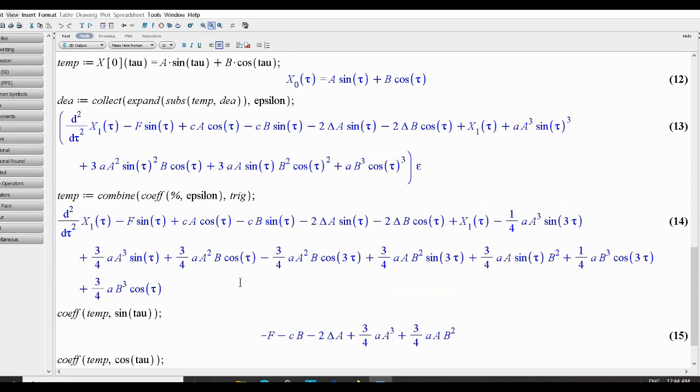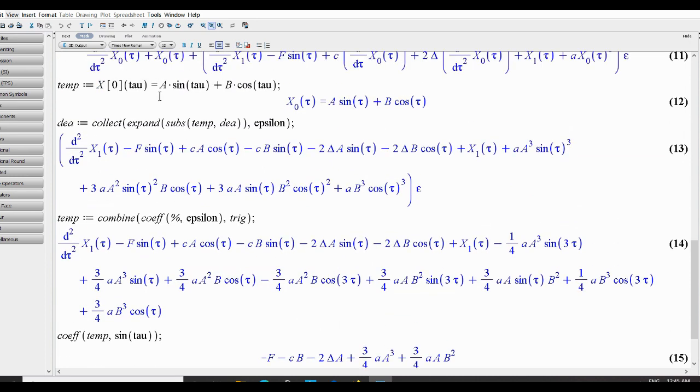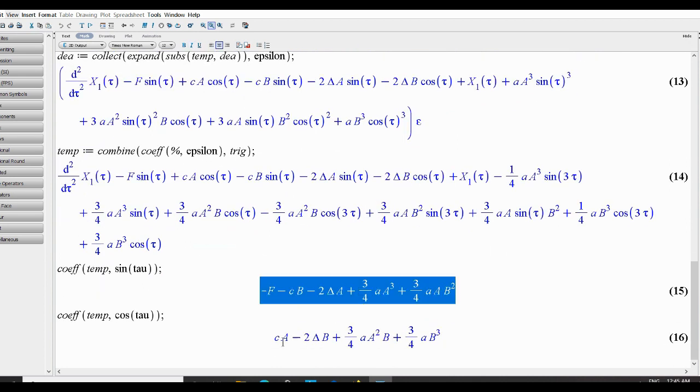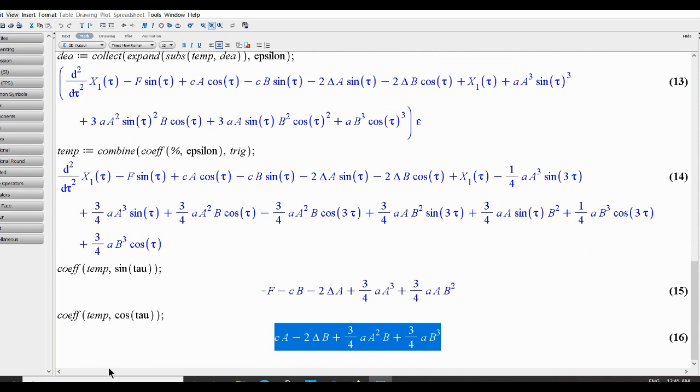I go back just one step in my calculation and I was in a situation where I didn't know what A and B was. Well, now I have two conditions. This is what A and B have to satisfy.